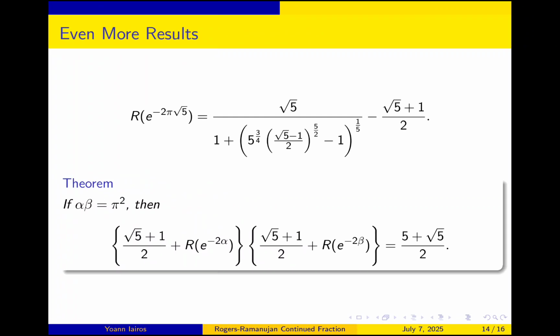Now you can't just use a single method to prove all that there is to prove about the Rogers-Ramanujan continued fraction. For example, you would need to do more work if you wanted to prove these two results on the screen.